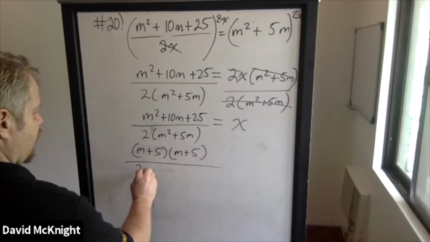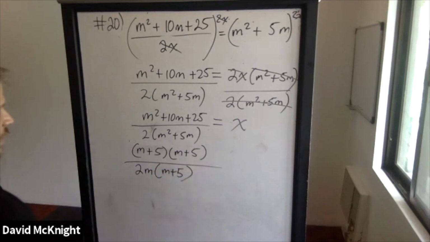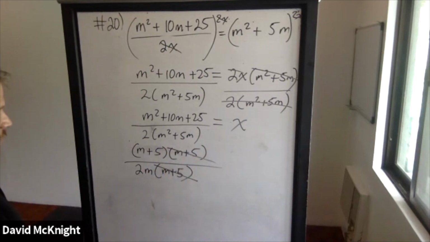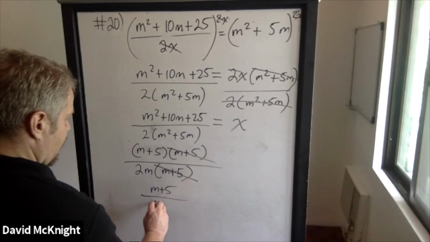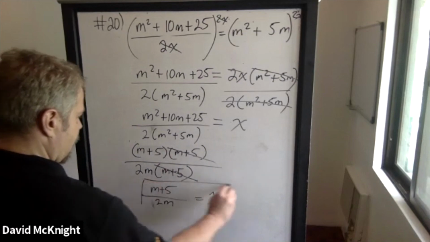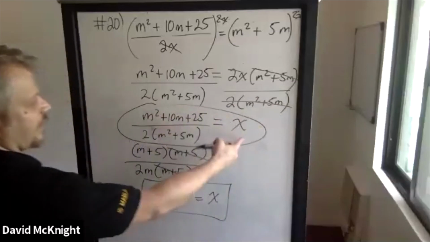So we could say 2m times m plus 5. And then we can see that these are common, so we end up with m plus 5 over 2m is equal to x. Okay, but really the earlier form is acceptable because we've already isolated x.